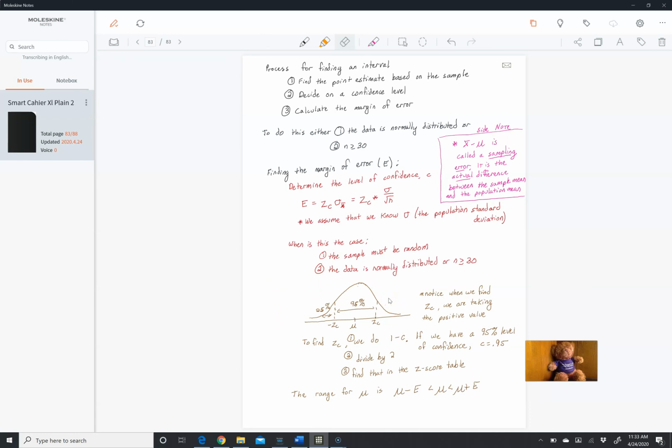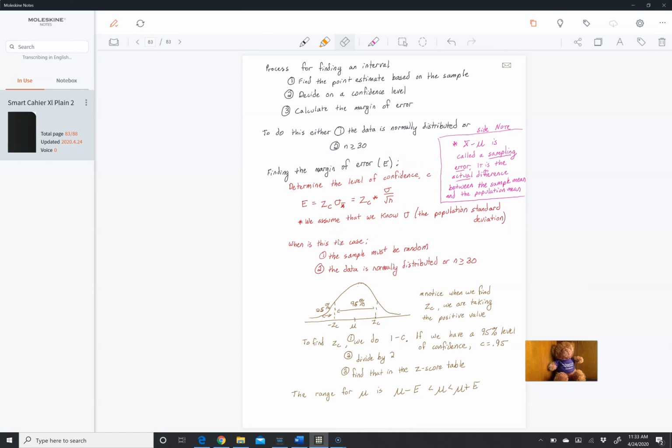Then we divide by 2 because that gives us how much is to the left, and that's what we want when we're using a z-score table. So we go to the z-score table. This is all stuff that we've done. We find the z-score, make sure that you use the positive number. And then you're just adding and subtracting your margin of error after plugging into the formula.